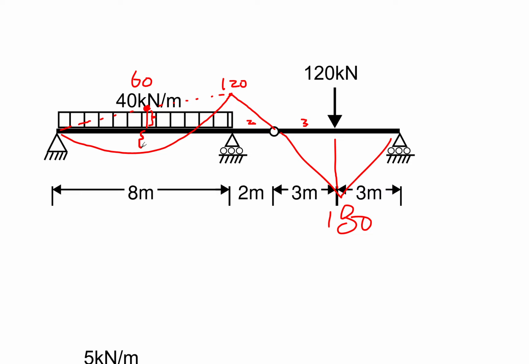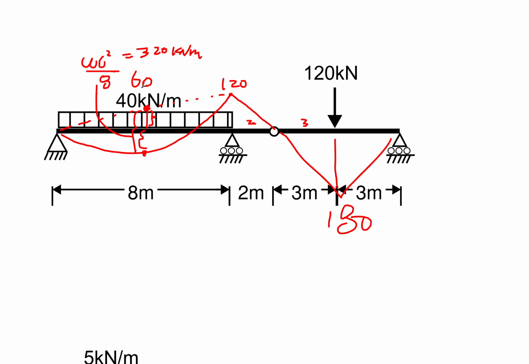But what about here? This is what we need to find out: the maximum positive moment at the tension face. The overall segment is omega L squared over 8, so that is 40 times 8 squared divided by 8, which, hang on, gives 320 kilonewton meters.